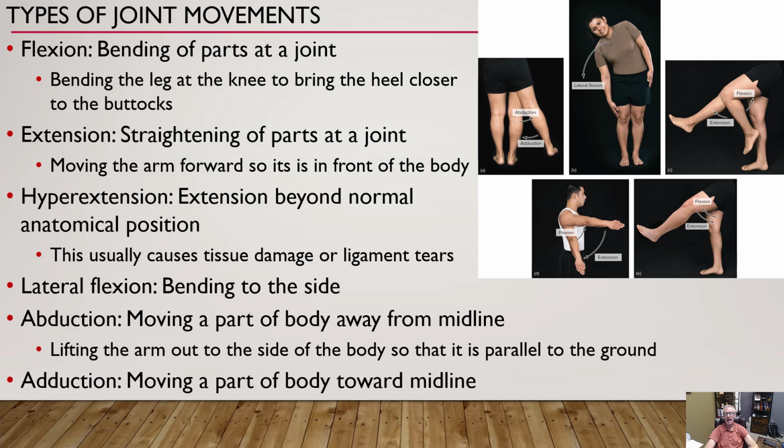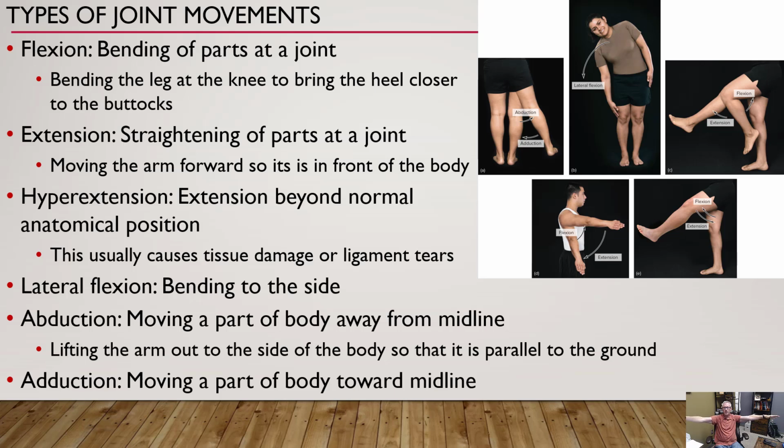Abduction versus adduction. Abduction is moving a body part away from midline. Adduction is moving a body part towards the midline. So if my arms are extended out here, my arms are abducted.